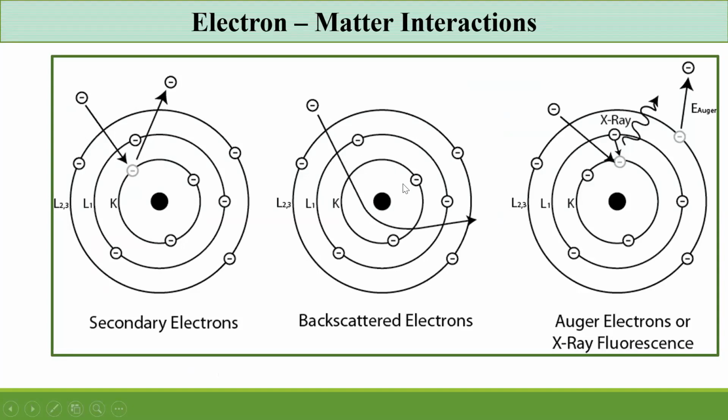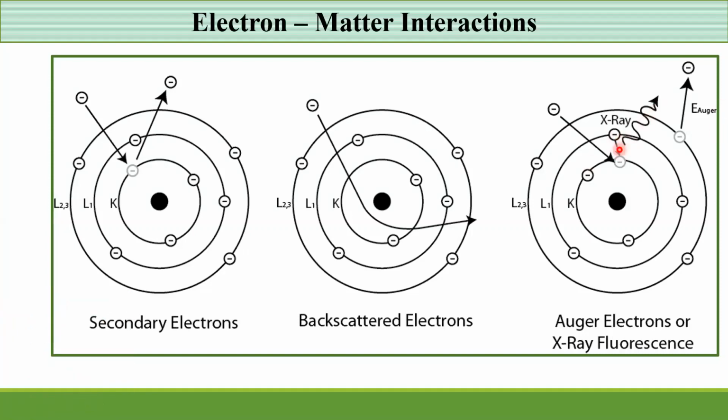At some point, when the electron is detached from the inner shell, to balance the energy, an electron from the outer shell tries to come into the inner shell. And again, to balance the energy, there is a possibility for an X-ray to be emitted.